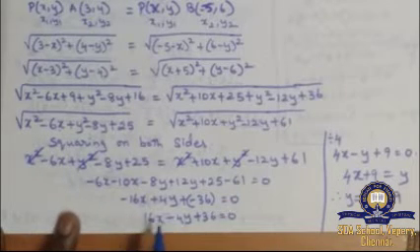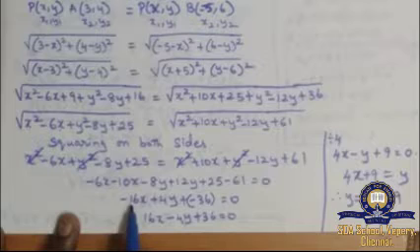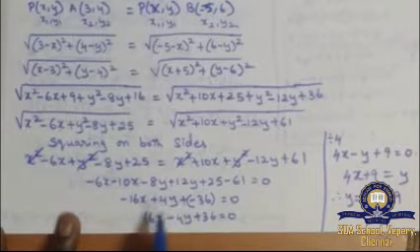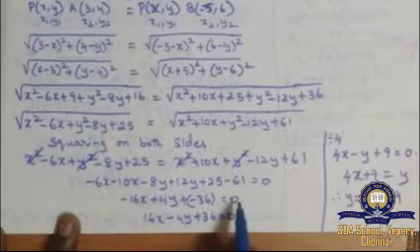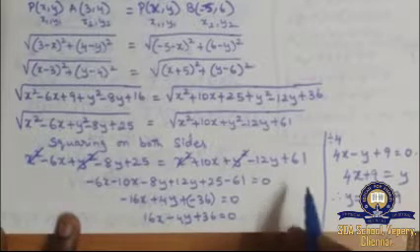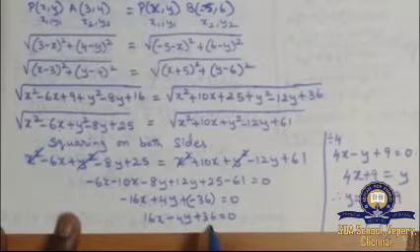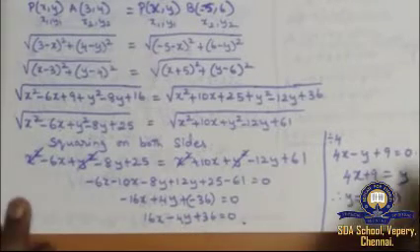So I can write properly now. Minus 16x becomes 16x, minus 4y. I am changing the symbol because I have this equal to 0, no? So I can change and write 16x minus 4y plus 36 is equal to 0.